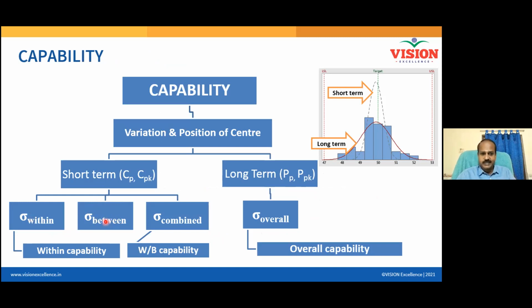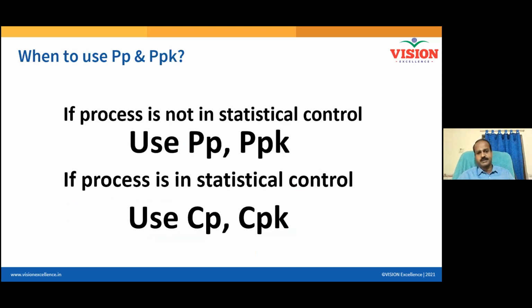Under control means they have become less. In fact, the between batch variation will be very, very less. And so even when I combine, there won't be much difference. Whether I use the combined standard deviation or within standard deviation, I almost get the same inference only. So when you are sure that your process is under statistical control, you can prefer to use CP, CPK.